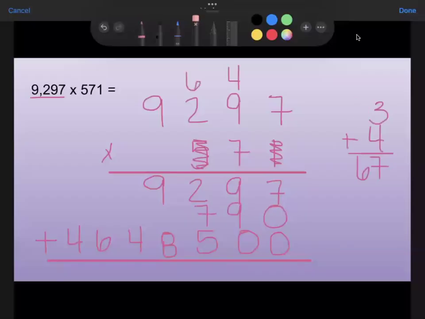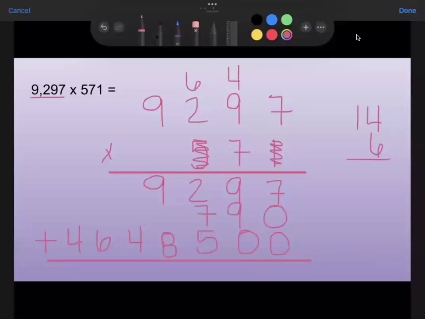Okay, so let me go ahead and take that away. All right, 2 times 7 is 14 plus 6 would give us 20. So 0 here and 2 up here. Okay, and then 9 times 7 is 63 plus the 2 is 65. So a 5 here and a 6 here.